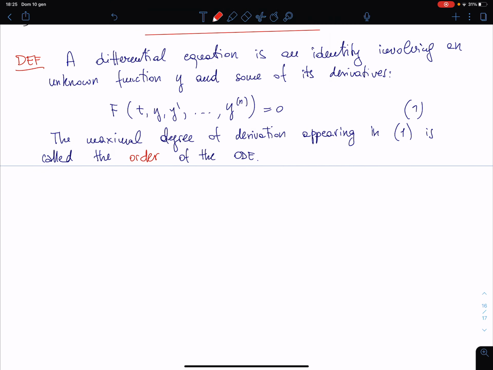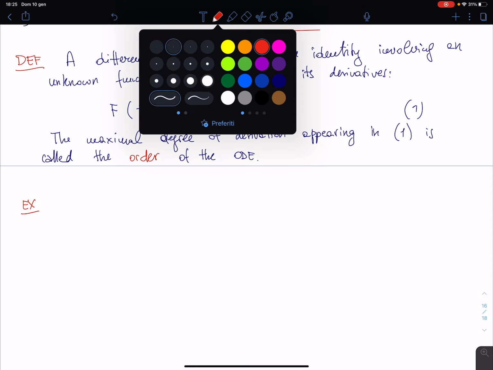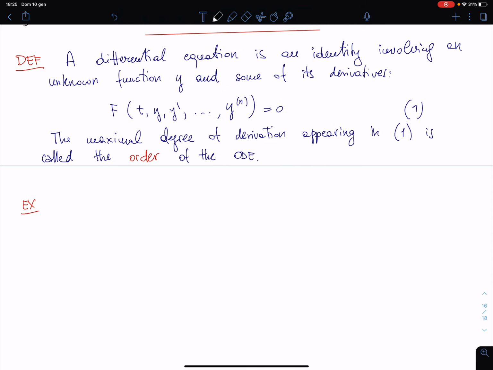As an example, you can imagine whatever you want. So I don't know, y third derivative to the power fourth minus y second plus e to the y prime is equal to another function, for instance cosine of t.